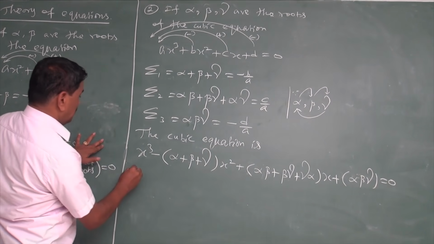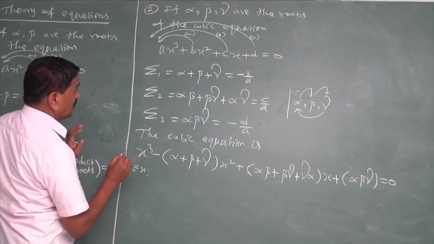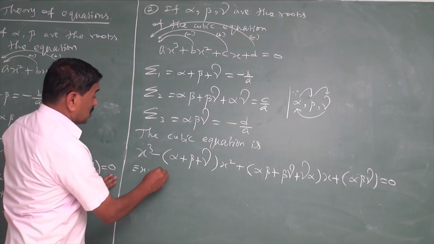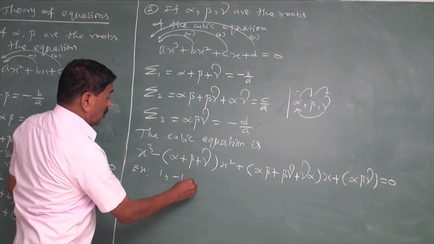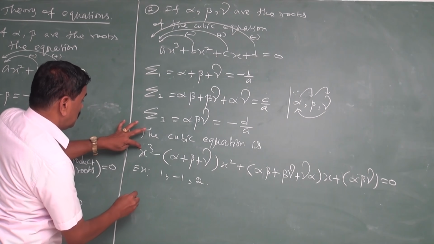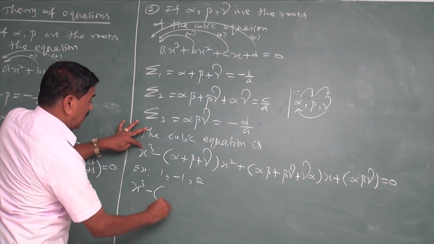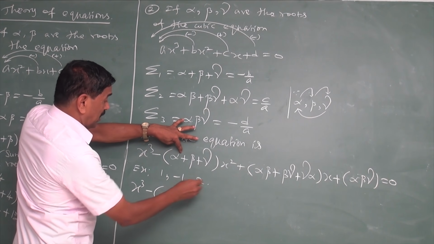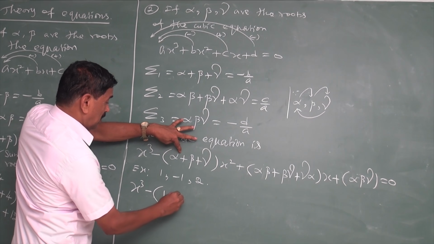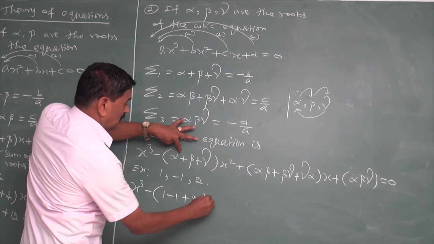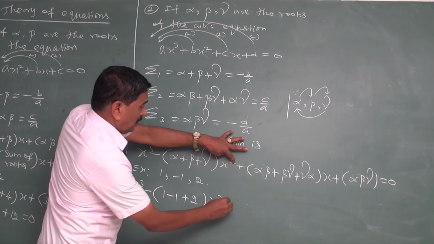Say for example, form the equation whose roots are 1, minus 1, 2. Now x cube minus the sum of the roots taken 1 at a time, that means 1 minus 1 plus 2, into x square plus.